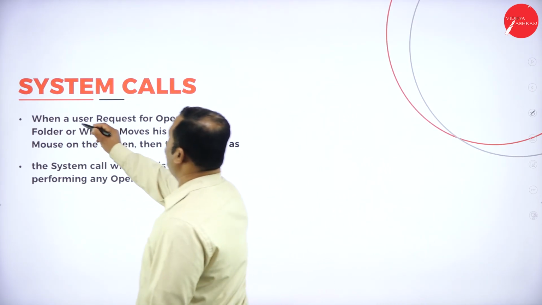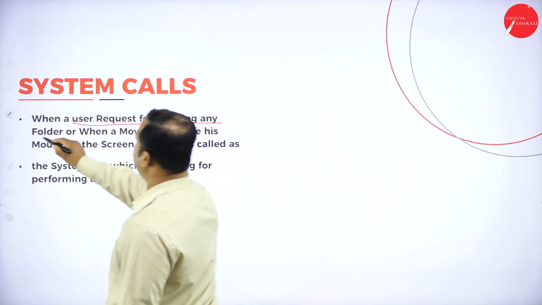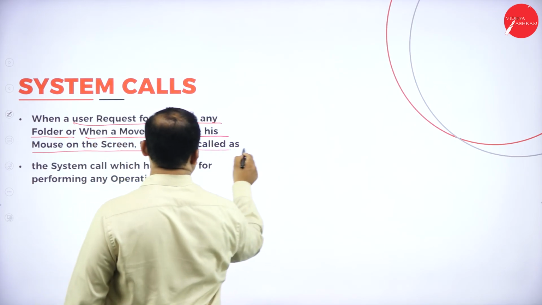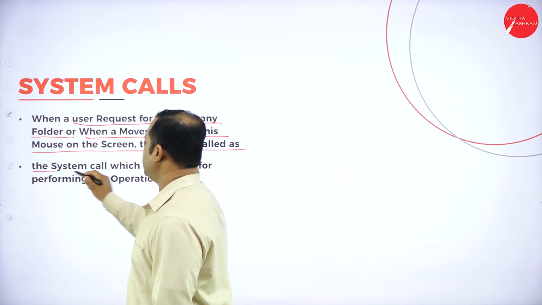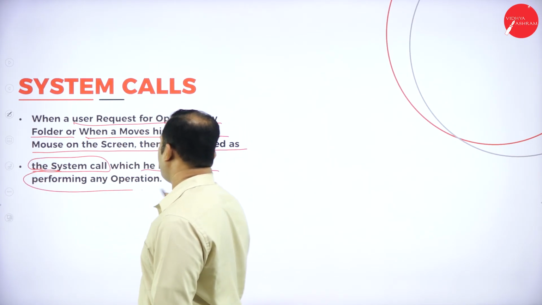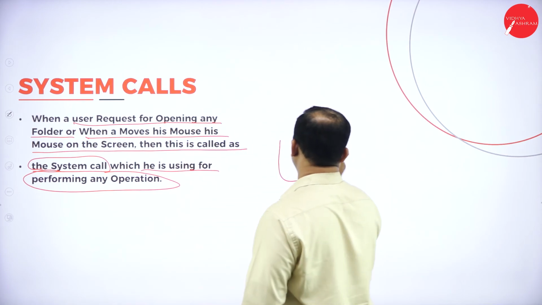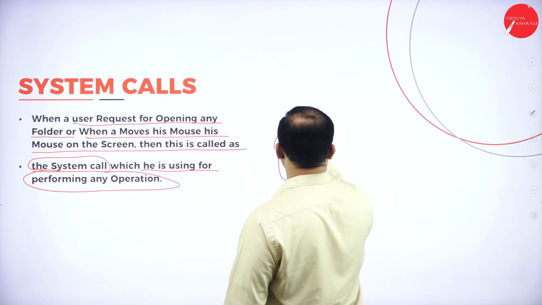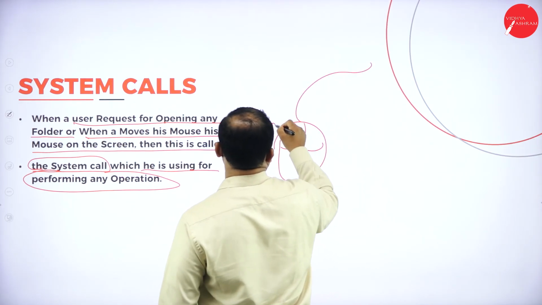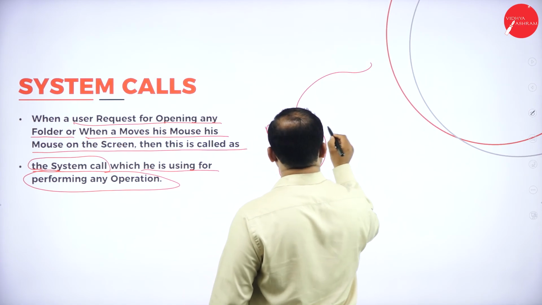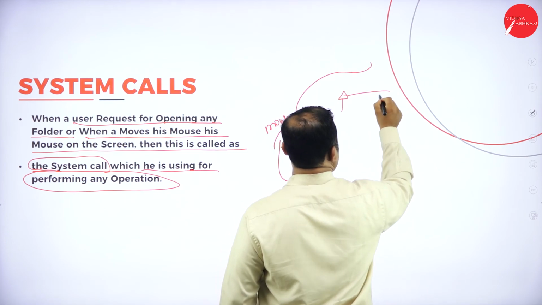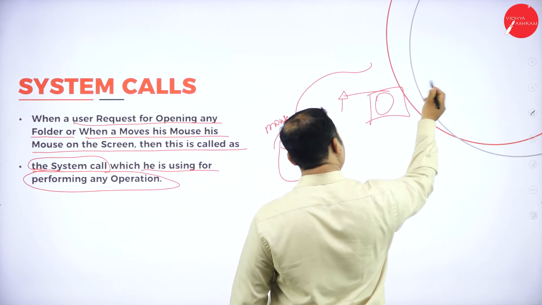When a user requests to open a folder, or moves the mouse on the screen, it is called a system call, which is used for performing operations. When the mouse is moved over the screen, the cursor moves its point from one place to another for opening the folder or for any other operation.